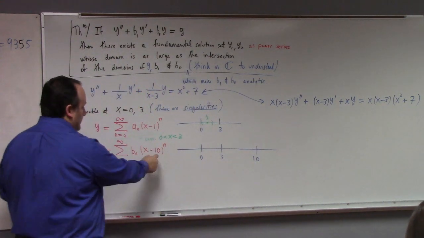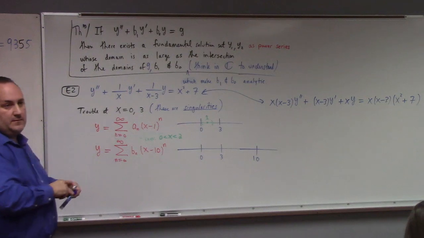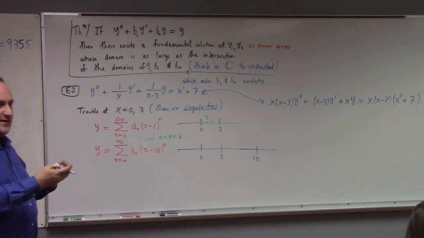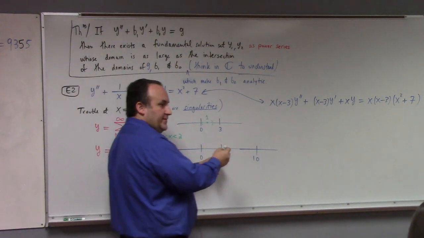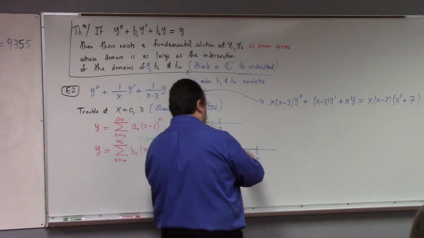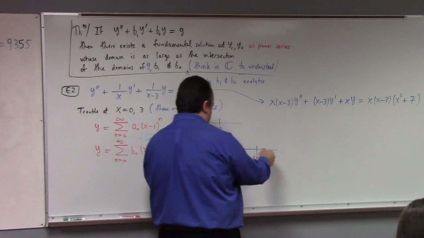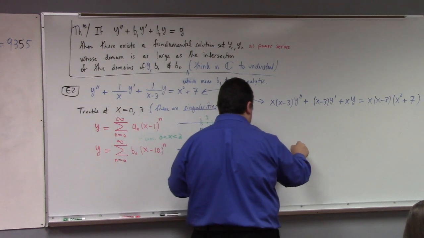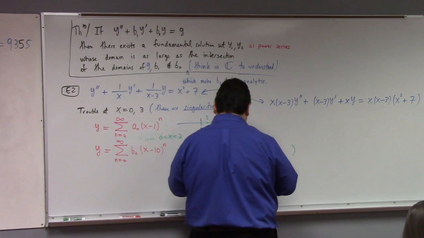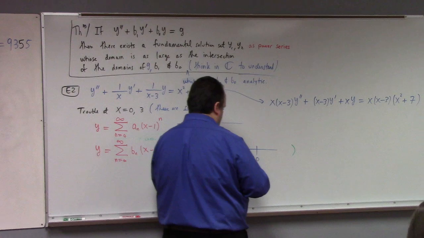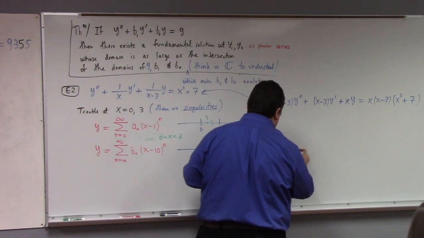And so if you center your solution at 10, then the domain has to be symmetric about 10, and the first thing you get into trouble with here is 3. See? So it would go something like what? 10 to 3 to, what's over here? What's the radius of convergence for the solution here?